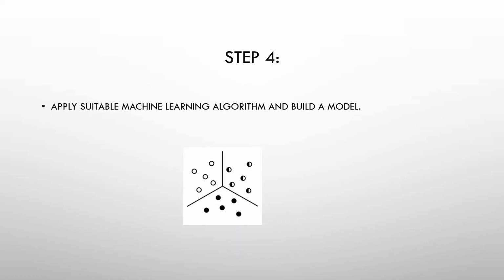Our next one is, after splitting your data set into the two types as training and testing, then you have to apply the suitable machine learning algorithm and you have to build a model. Machine learning algorithm means at first you have to consider what type of machine learning algorithm we are going to use. Are we going to make use of the supervised learning algorithm, unsupervised learning algorithm, or else reinforcement learning algorithm?